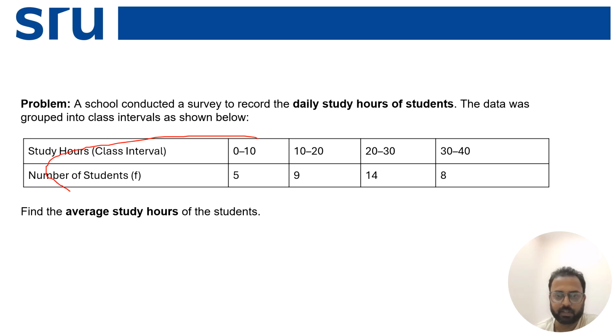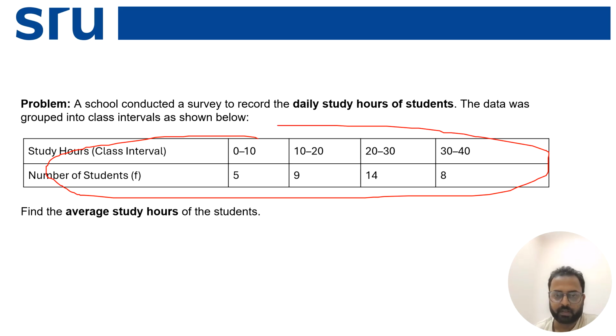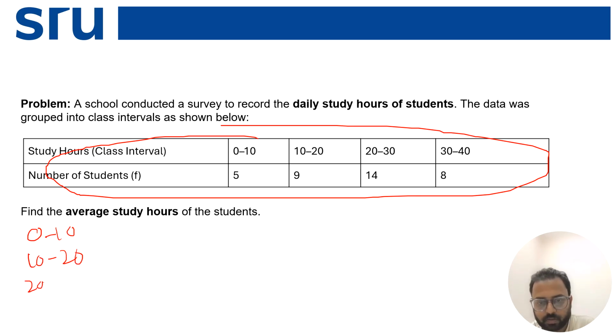So what we do is write the class intervals first: 0 to 10, 10 to 20, 20 to 30, and 30 to 40 classes are given, and the frequencies are 5, 9, 14, 8.